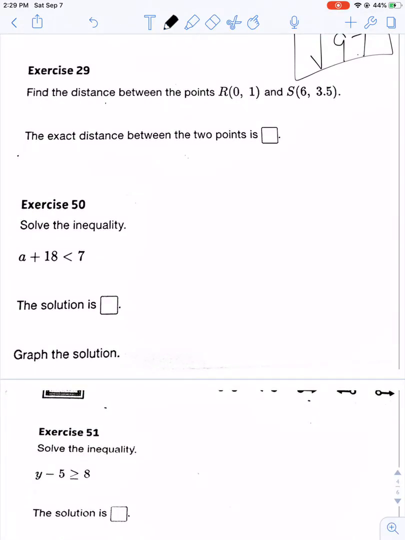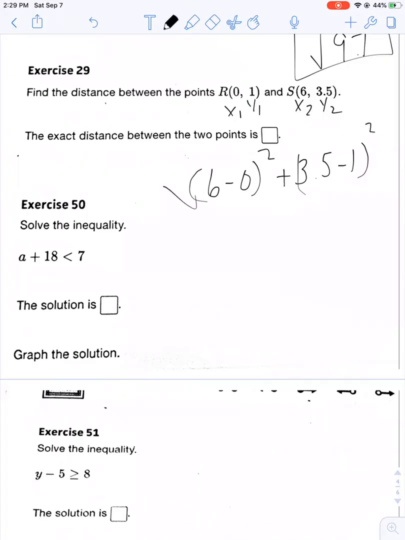We're going to change it up this time. x1, y1, x2, y2. Again, does not matter. x2 minus x1 squared plus y2 minus y1 squared, square rooted. 6 minus 0 is 6. 3.5 minus 1 is 2.5 squared.